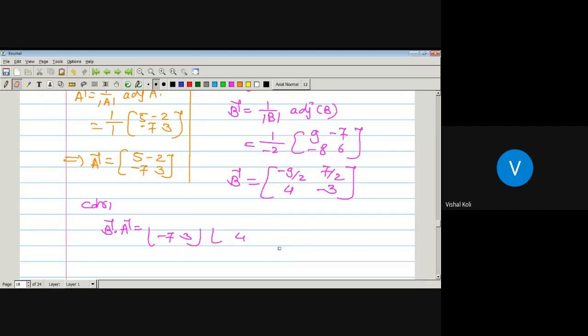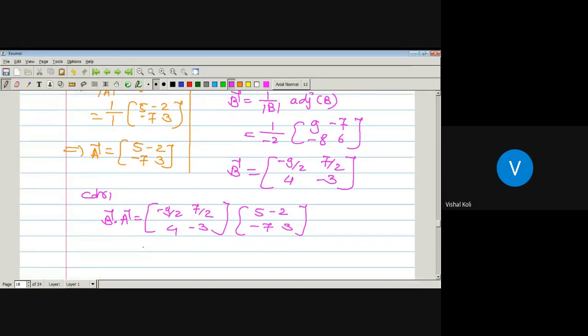Since matrix multiplication is not commutative, there is an effect here. So it becomes minus of 9 by 2, 7 by 2, 4 minus 3, 5 minus 2 minus 7.